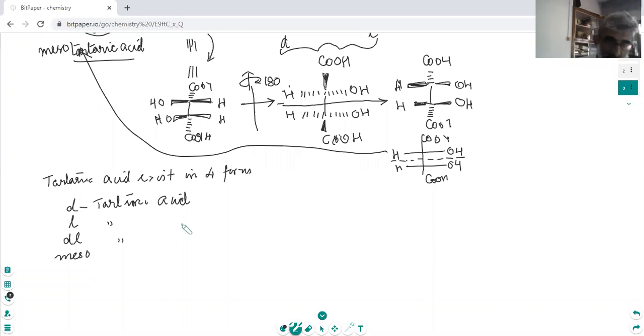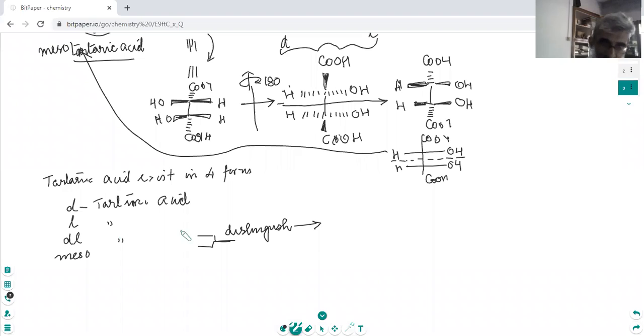Okay, and how would you distinguish between meso and DL? Suppose you are given 2 samples and you have to find out, by experiment, whether these 2 samples are DL mixture or meso.